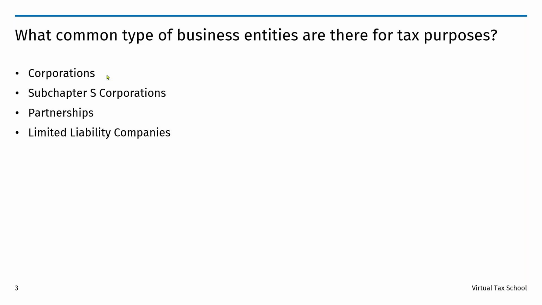All kinds of reasons to have a more casual or general partnership. In many cases, the people who are investing together, going into business together, would like to have some sort of protection between their assets and the assets of the business. So they will choose a corporate structure, typically electing S, or a limited liability structure.